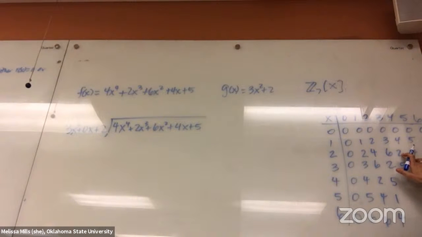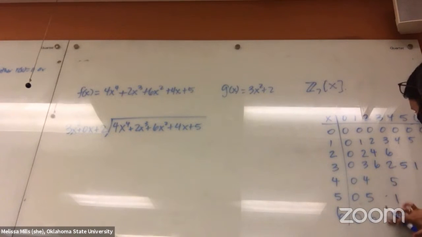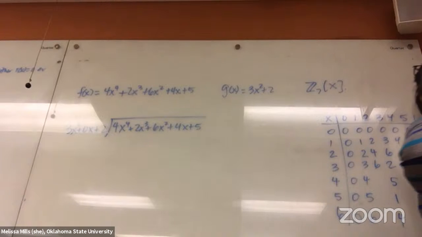Wait, I shouldn't have that. Everything's a unit, so I've got to hit every number. I messed up my multiplication. So 2 times 4 is 8, which is 1 mod 7.